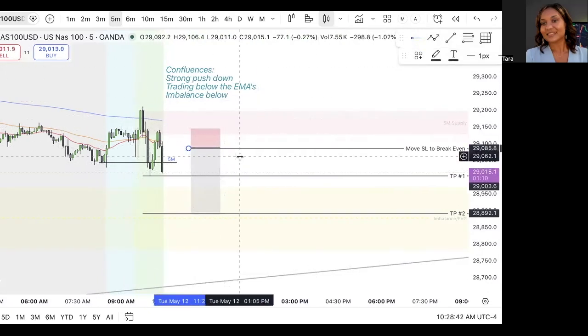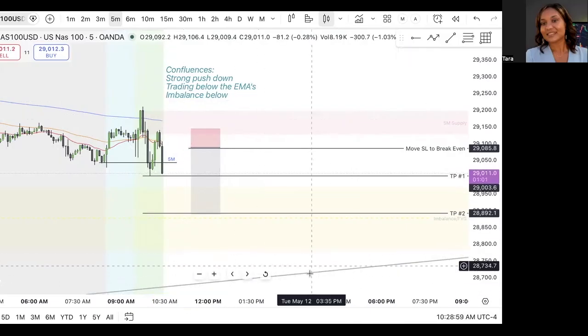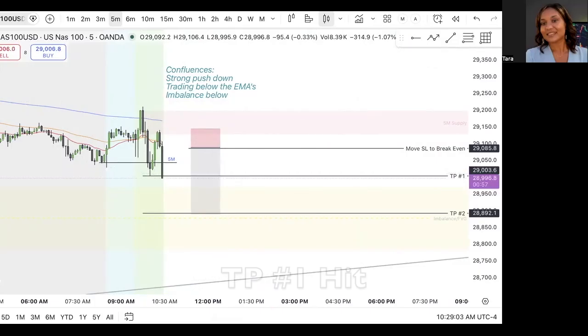You can move your stop loss to break even. All right, so TP1 has been hit.